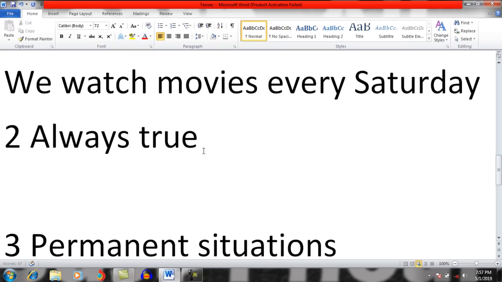The second main usage of present simple is those actions or activities which are always true, those which we cannot change. For example, if you freeze water, what's happening?